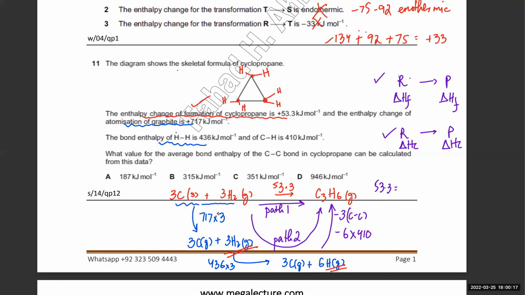That's 717 into 3, then you have 436 into 3, then minus 6 times 410, and minus 3 into CC, which I'm going to write as x because that's what we are looking for. So can you try and do the math and tell me what x is?